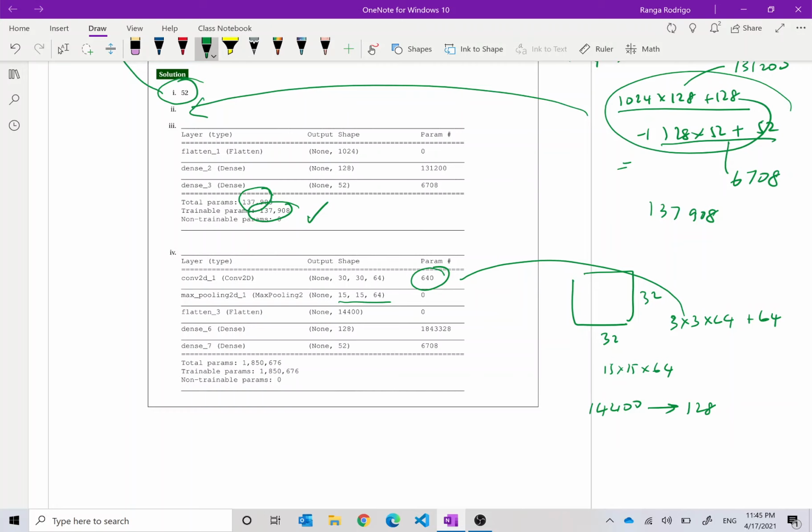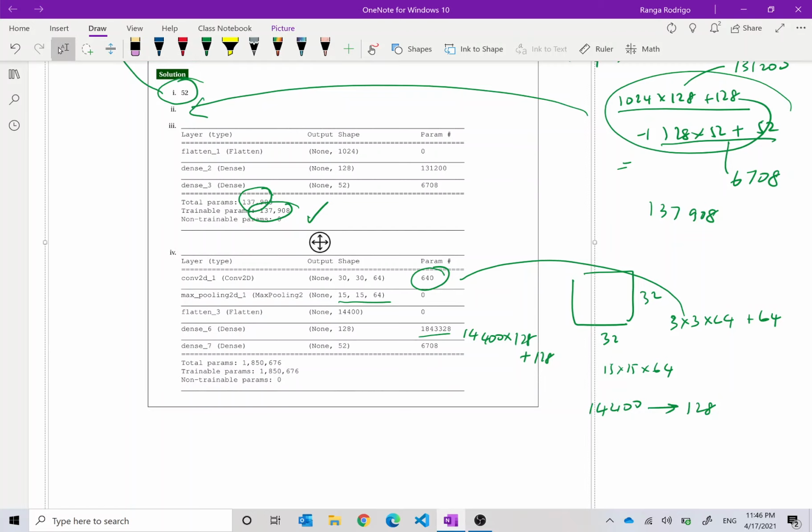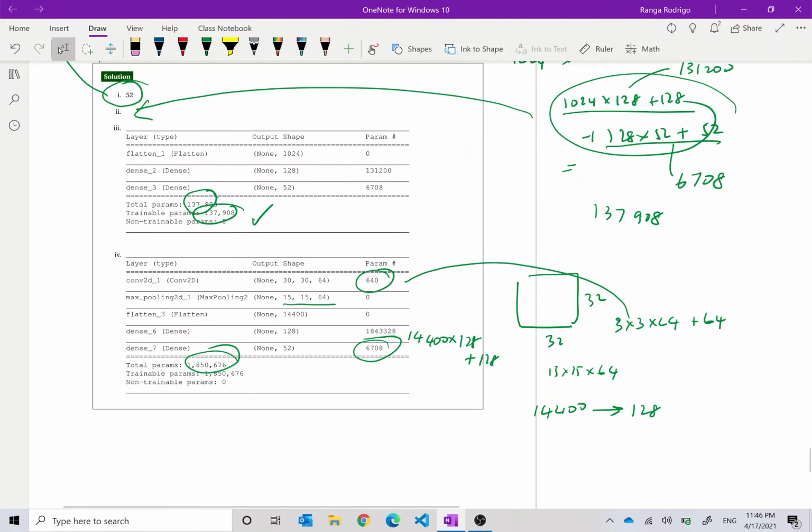So there are 1,843,328 parameters, which you get by 14,400 multiplied by 128 plus 128. Finally, this last one I think you know how to compute. Previously also we computed it. When you add all of them, you get this. Okay, that's the end. Thank you and good luck.